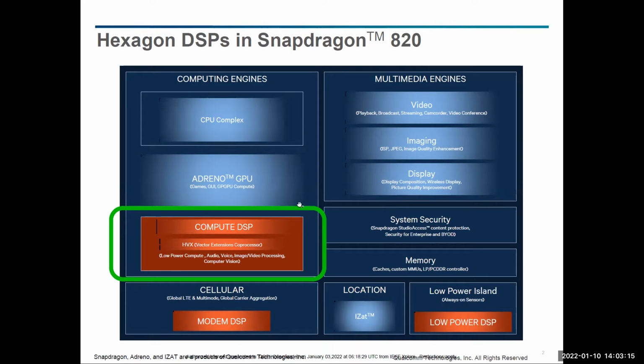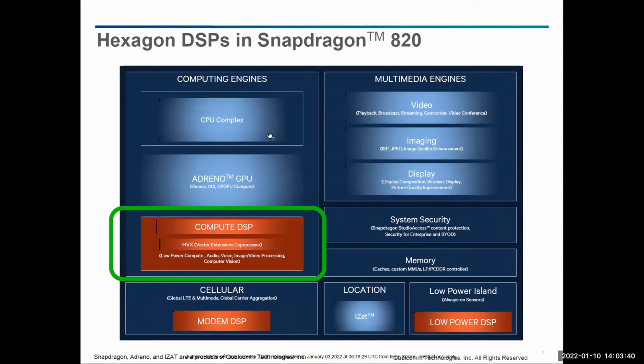There's another processor dedicated for graphics processing, called Adreno, which is highlighted over here. The job of the Adreno GPU is to ensure optimal performance when we are playing games at high FPS. It also helps in graphics rendering for multiple other applications.